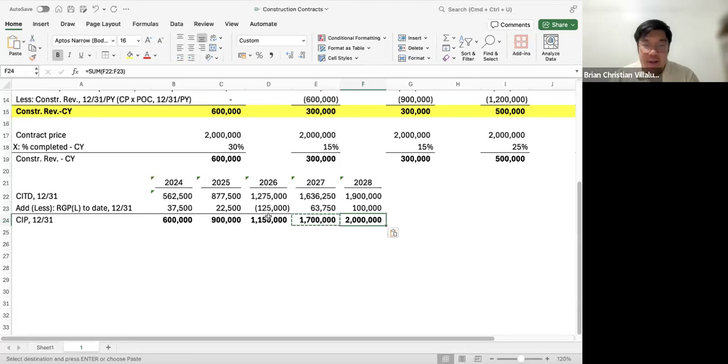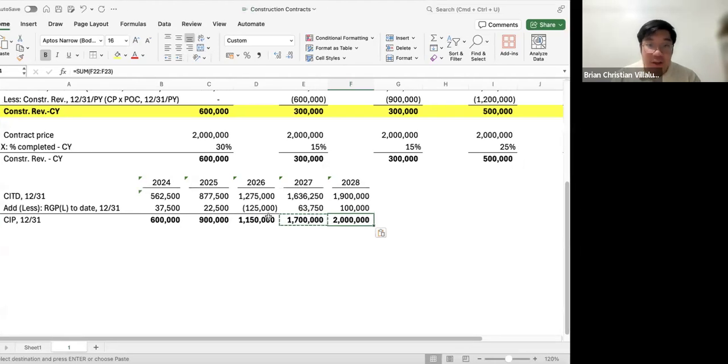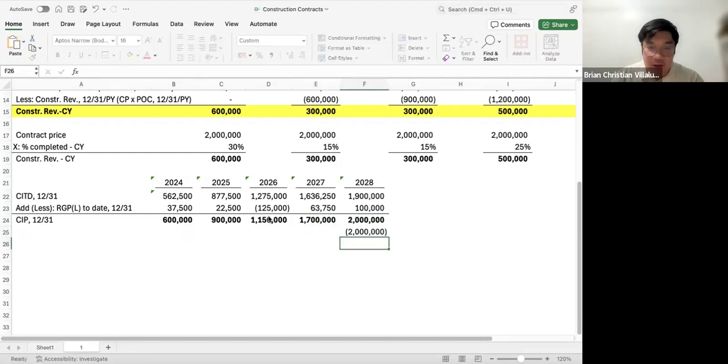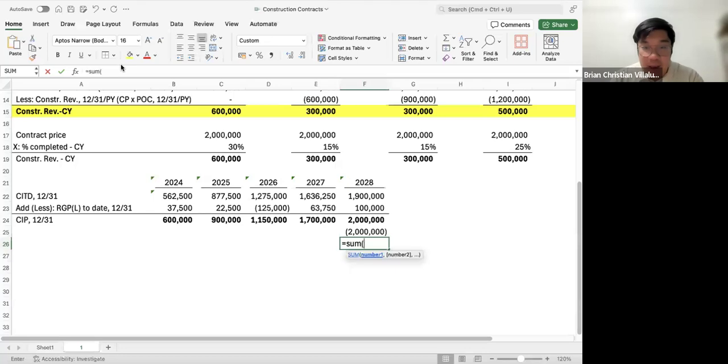Okay? Ayun. Now, ito ang catch. Pagdating sa dulo, di ba 2028 tapos na yung project? Ang rule dyan, pag natapos na yung proyekto, ito turn over mo na kay client, no? So pagdating sa dulo ng taon, ile-less mo na lang agad yung 2 million, no? Kasi dahil tapos na ang project, CIP mo dapat zero out na, no?